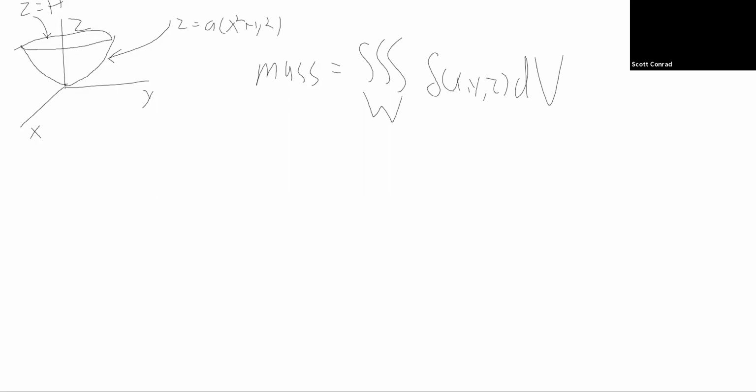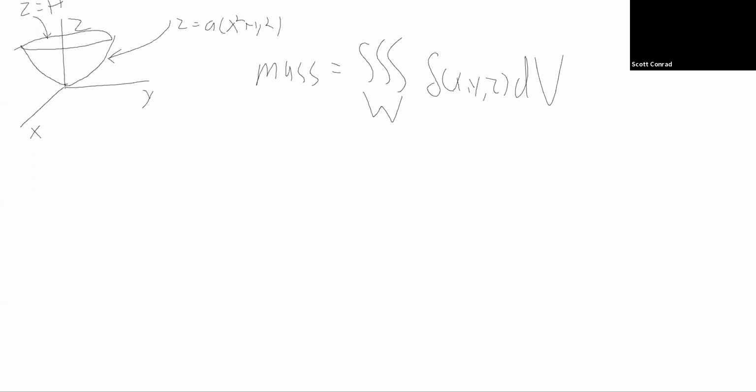Do we want to do it in rectangular coordinates and say z is bounded by functions, etc.? Do we want to use cylindrical coordinates? Do we want to use spherical coordinates? Well, let's see. Probably not spherical coordinates. That would not be my first guess because it's not a region bounded by a cone or a sphere.